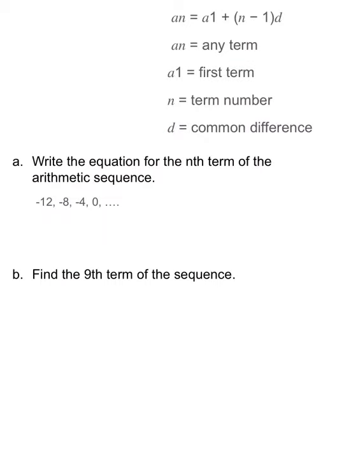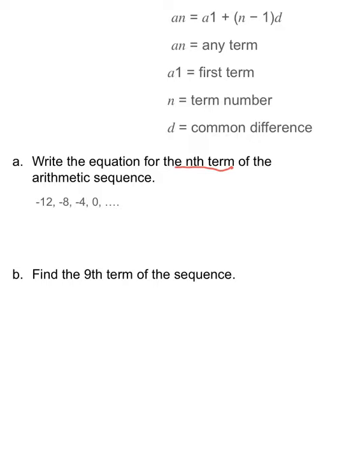Okay, and so our first set of directions says write the equation for the nth term of the arithmetic sequence. So if I give you this sequence and I said, well, find the 100th term, you are not going to want to go through and keep adding 100 times. That is going to be a long process.